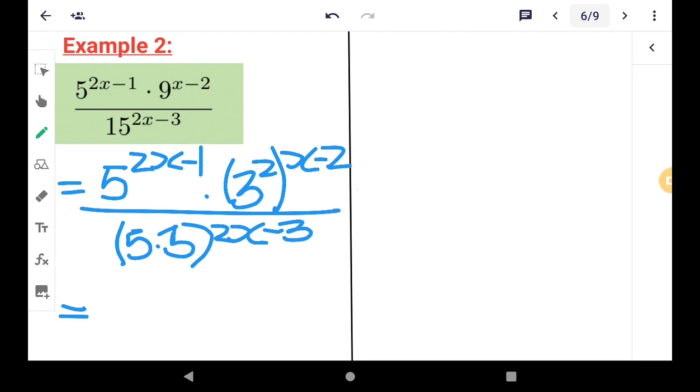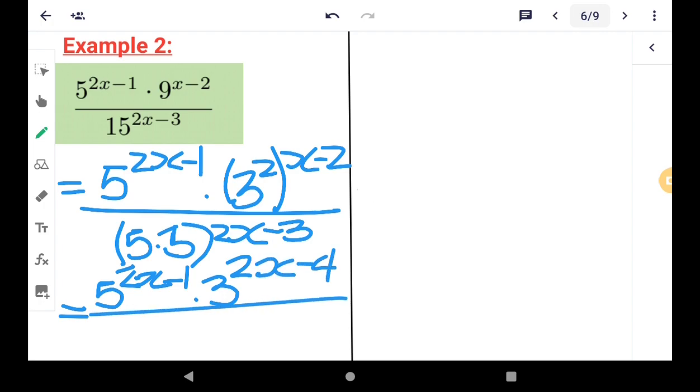And now we've got 5 to the power of 2x minus 1 at the top times 3 to the power of, you've got a power raised to another power, so you multiply the exponents together, and that gives us 2x minus 4, all over. Now you've got a product raised to another power.